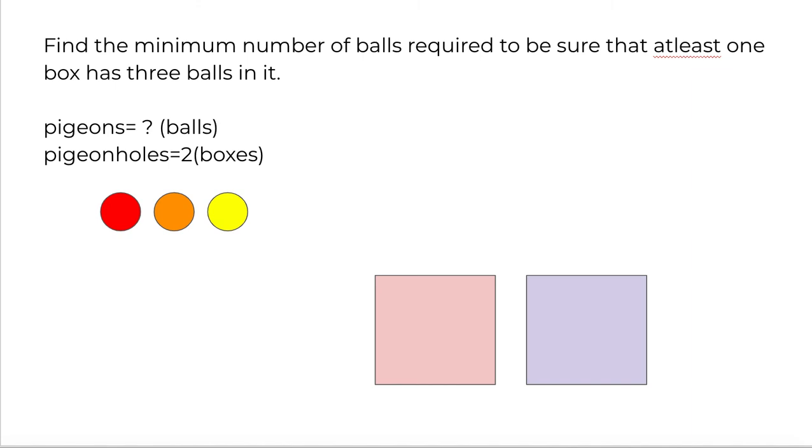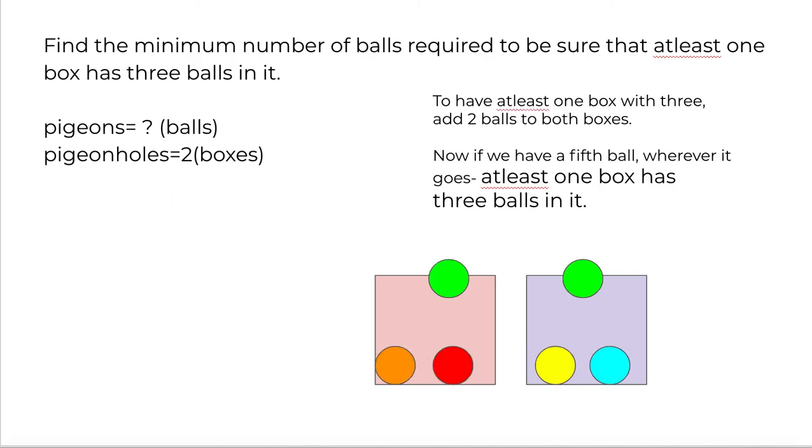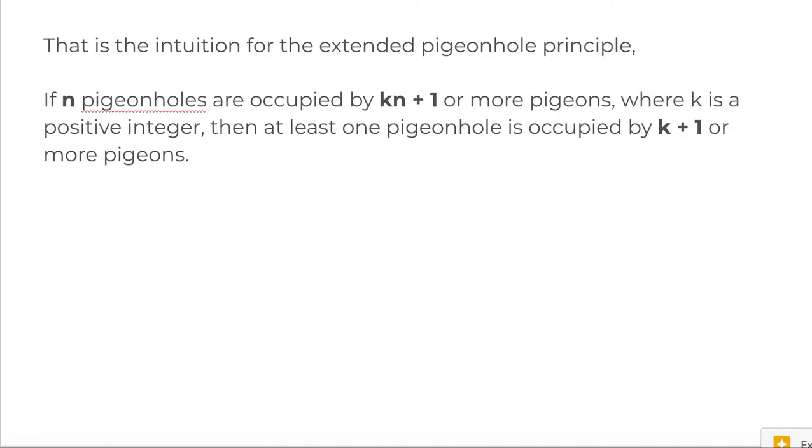Then we tried to draw the intuition of the extended pigeonhole principle where you wanted at least k objects to occur in the same pigeonhole. Let's look at the intuition for that. If n pigeonholes are occupied by kn plus 1 or more pigeons, where k is a positive number, then at least one pigeonhole is occupied by k plus 1 or more pigeons.